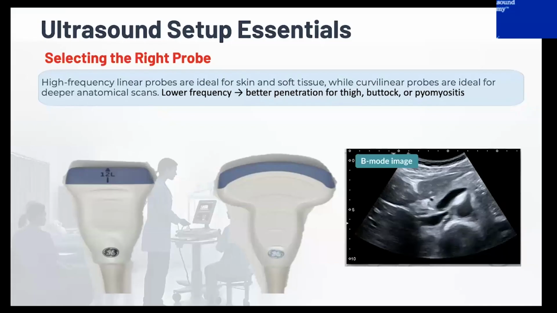For example, if you want to look for abscess formation in the thigh, buttock, or pyomyositis, you need to use a low frequency probe. So which probe do we need to use in point of care ultrasound for soft tissue infection?